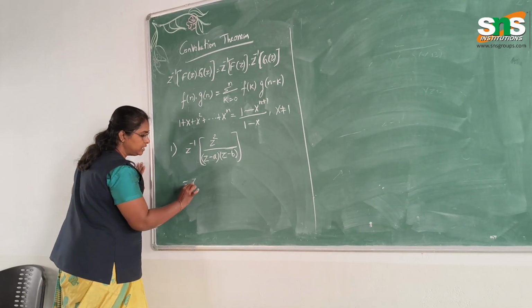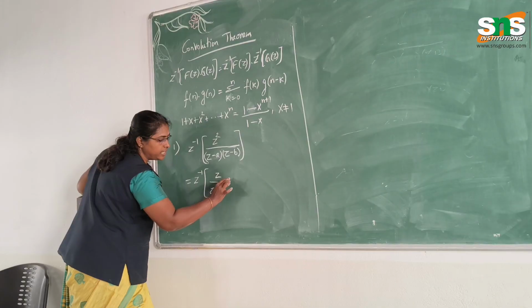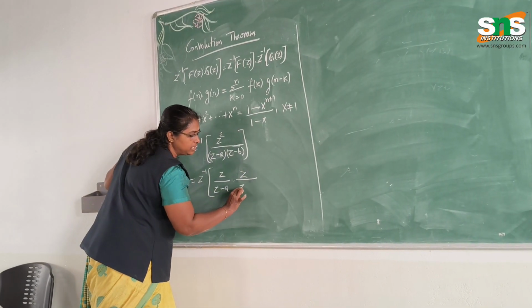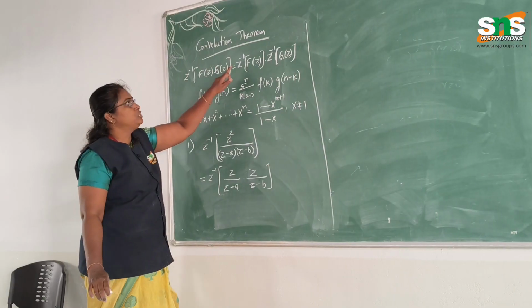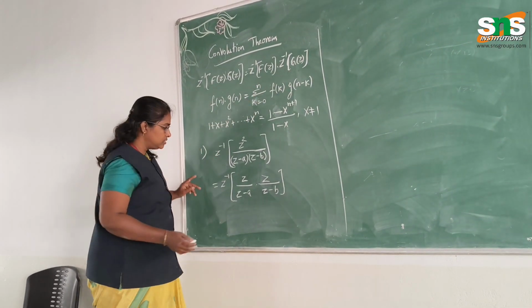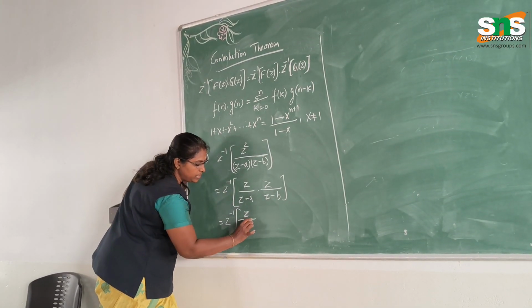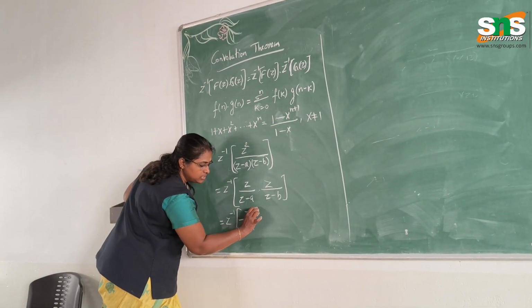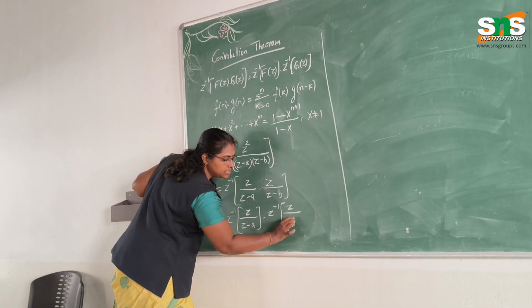So Z inverse of z divided by (z minus a) into z divided by (z minus b). I split it as two functions. These two functions we write as separate Z inverses, which is equal to Z inverse of z divided by (z minus a) into Z inverse of z divided by (z minus b).